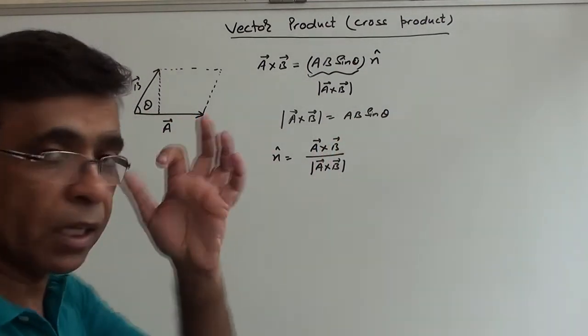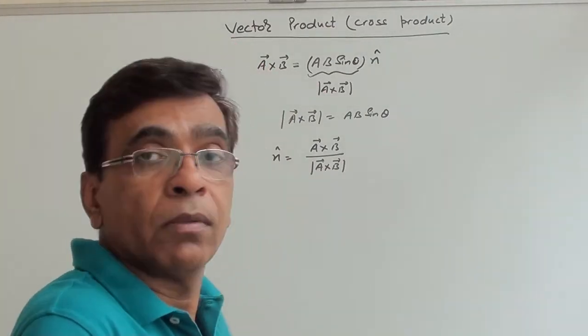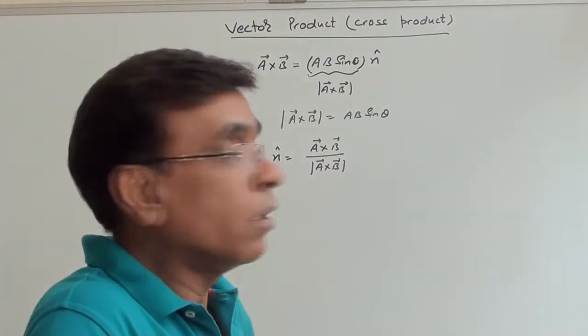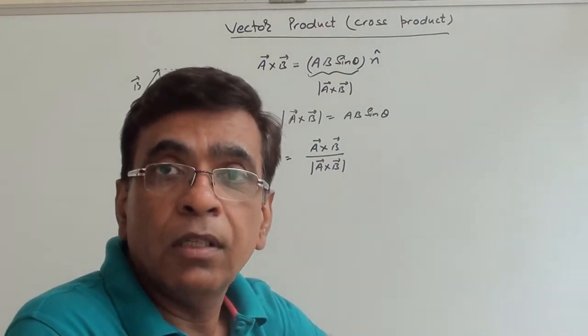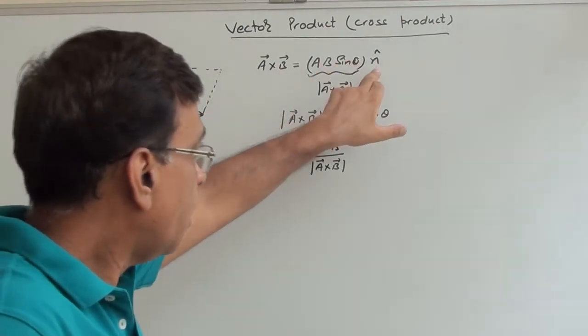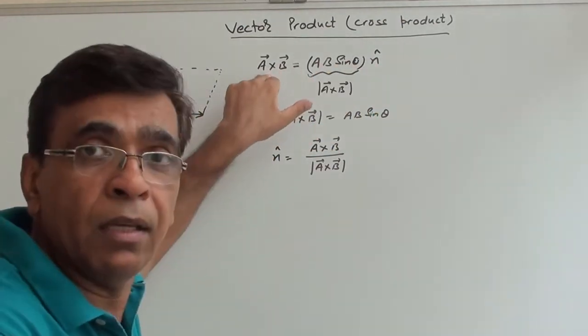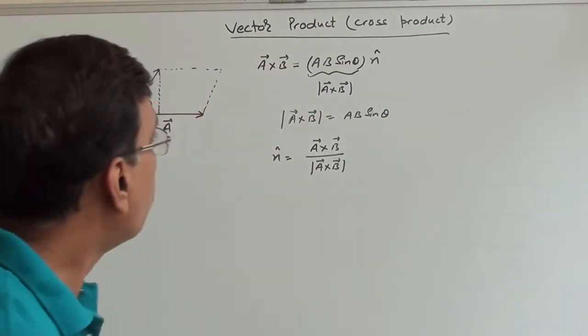Now let's talk about n cap, how to find the direction of this vector. The unit vector's direction is perpendicular to both the given vectors, so it is perpendicular to the plane in which A and B lie. How can we find it?